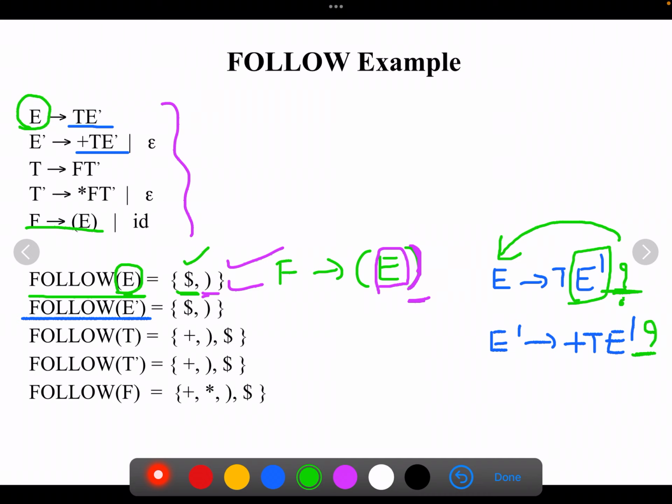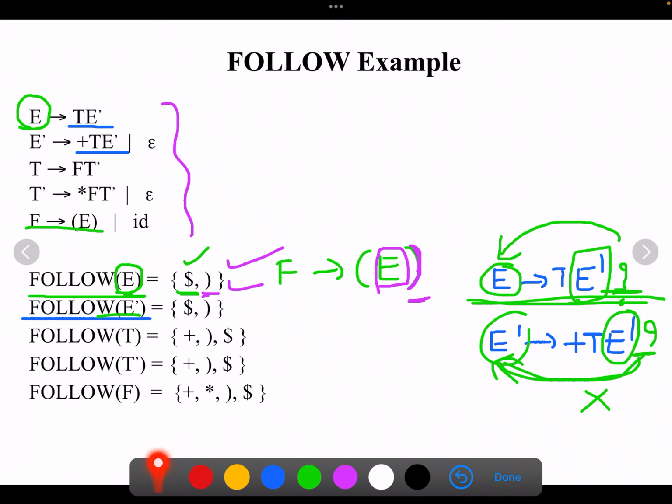Similarly here nothing is there, therefore follow of the left side has to be considered. Since we are trying to find follow of E dash, it is giving you follow of E dash only. So this production cannot give me any solution. We drop this and make use of only the other production. So follow of E dash is follow of E, as per the algorithm, since there is no symbol after it. What is follow of E? Already computed. Write the same answer for E dash also.